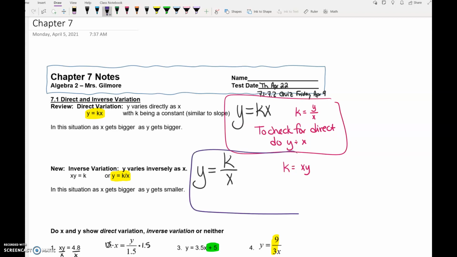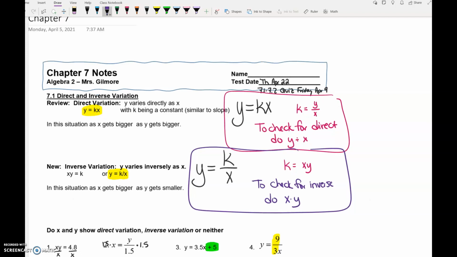And then for inverse, to check for inverse, do x times y.